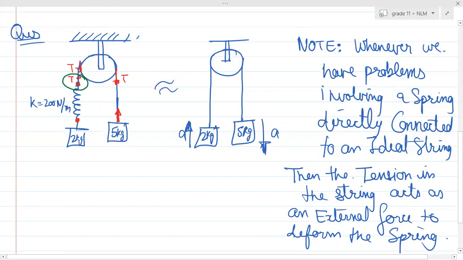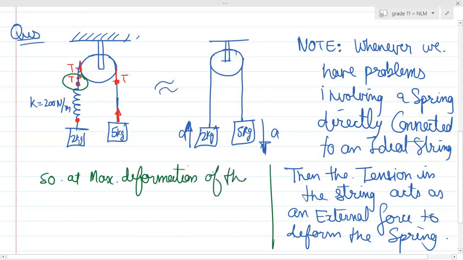Yes or no? Will this tension act as an external force to deform the spring? So, at maximum deformation of the spring, when we talk about maximum deformation of the spring, that implies the maximum this can stretch or compress, right?